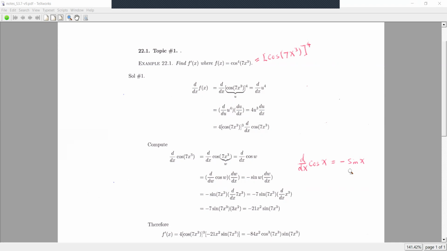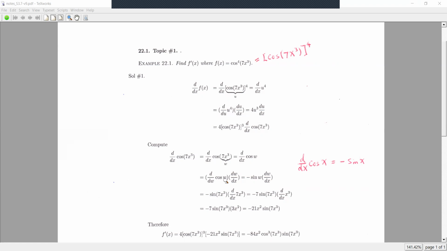Now, I want to compute this derivative by this formula. But this formula requires all the variables are the same variable. In this derivative, x and w are different variables. To overcome the difficulty, I use the chain rule. I insert dw to the denominator and put dw on the numerator.